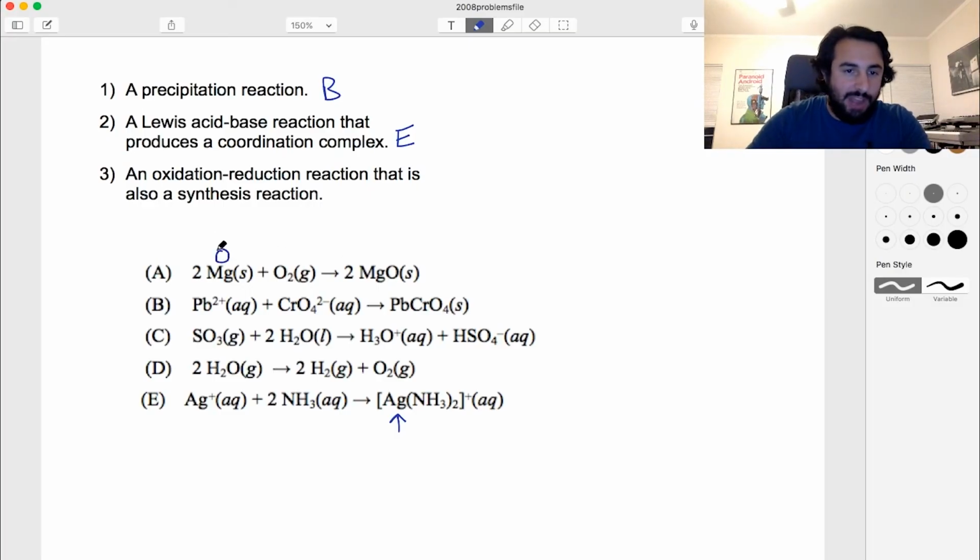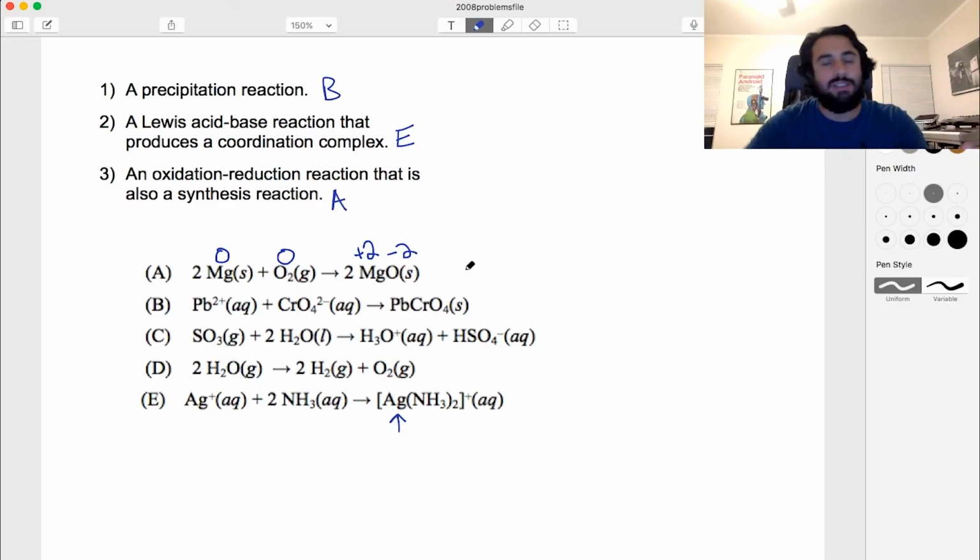And remember, elements have oxidation numbers of 0. But over here we've got a compound, and oxygen is always -2, except for peroxides. So if that's -2, then this is +2. So magnesium has been oxidized by oxygen, go figure, and oxygen has been reduced. So that is a redox reaction and a synthesis reaction. So that one is going to be A.